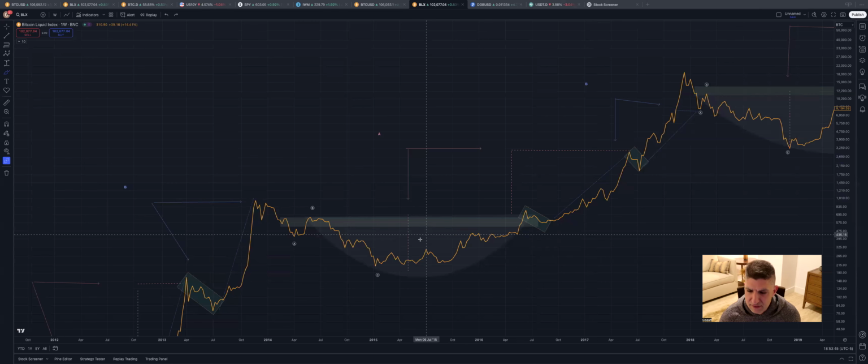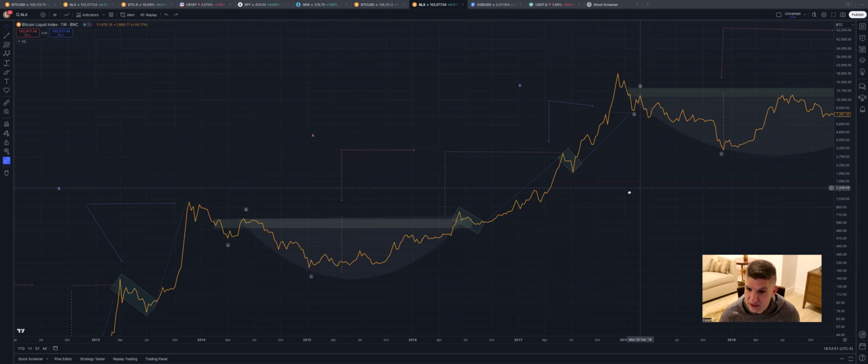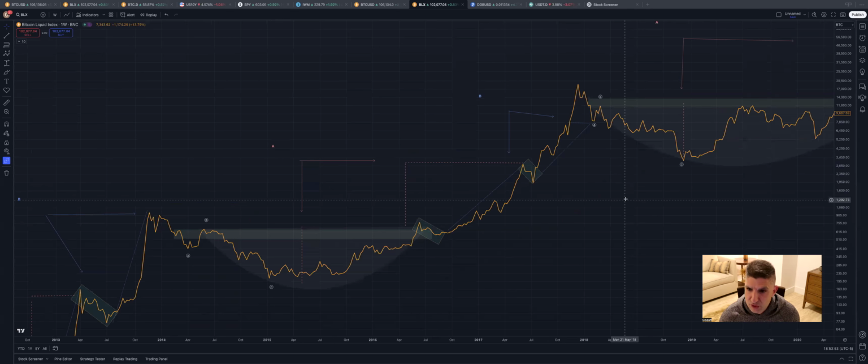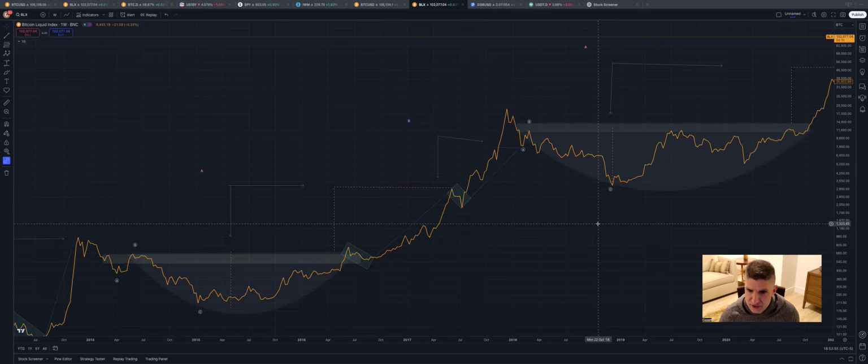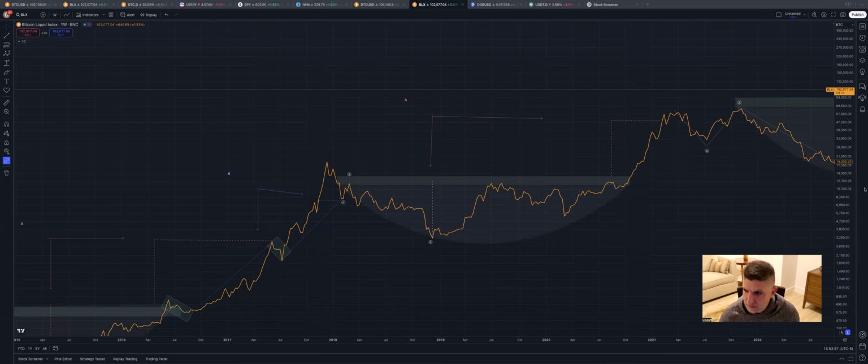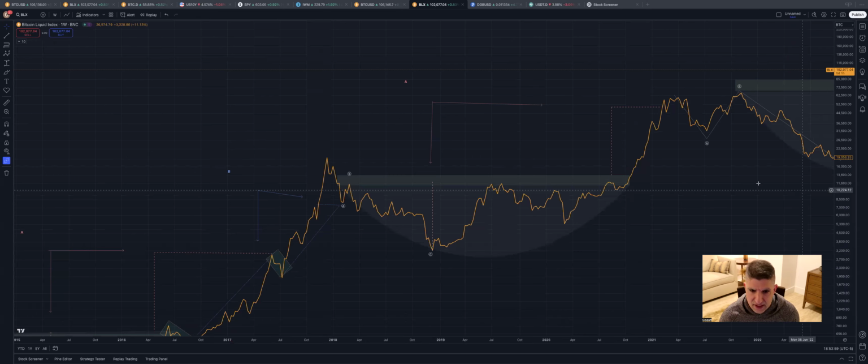A target was met that was equal to the initial descent. And then in this case, the second time, after that consolidation, we had an equal to or greater than increase in price.